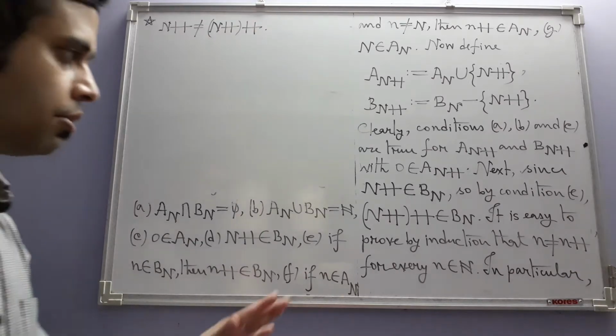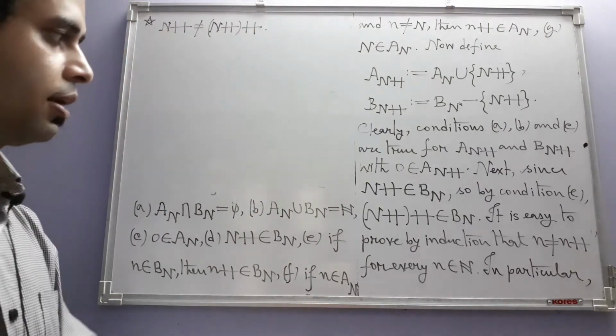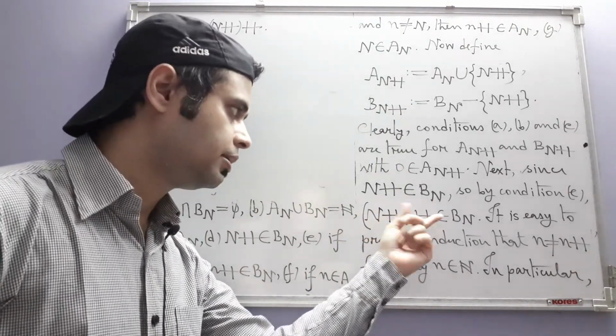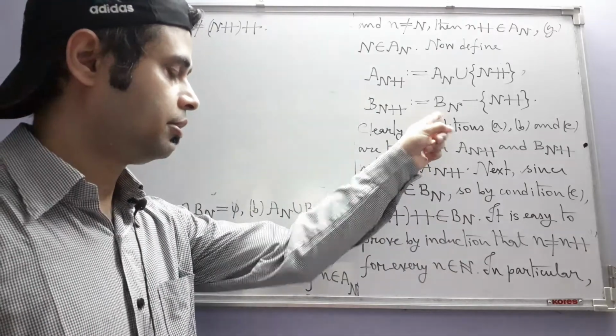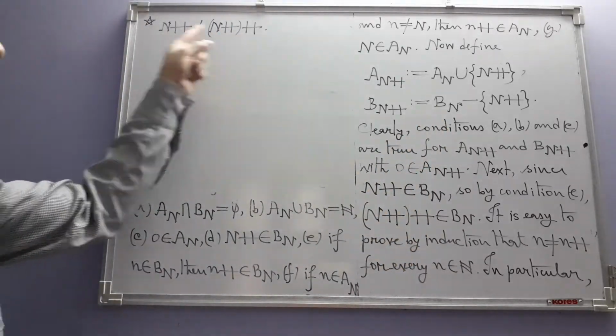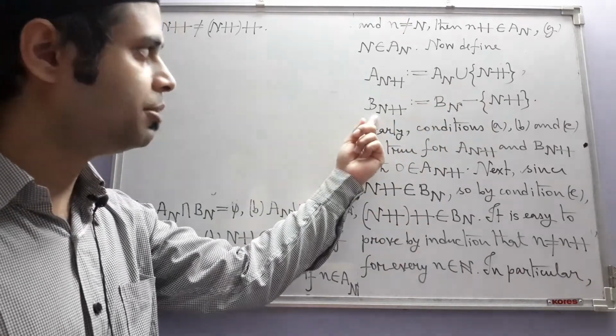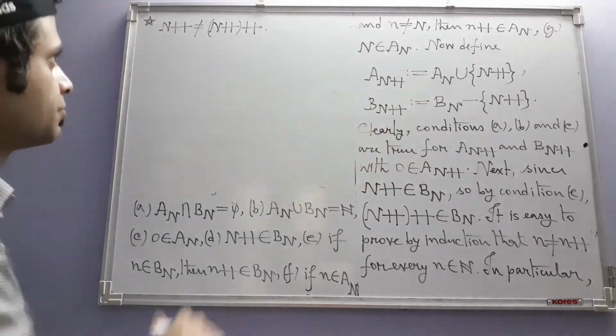Okay. Now look at this. What do we have now? This element, this big looking element is in Bn, and this element is not equal to n plus plus. So that means this element will be in Bn plus plus.